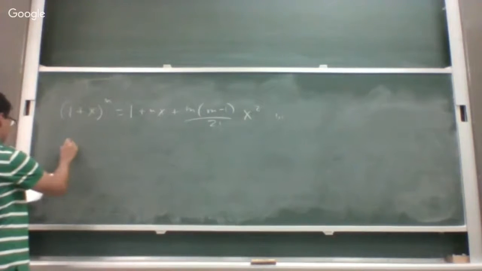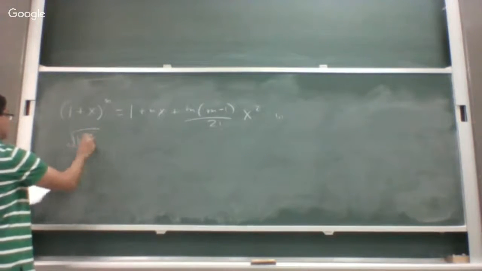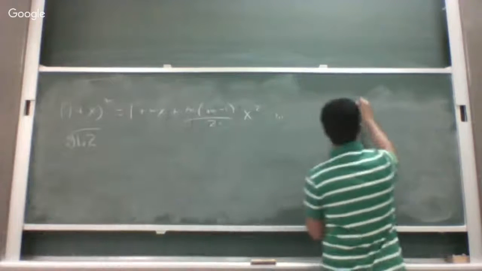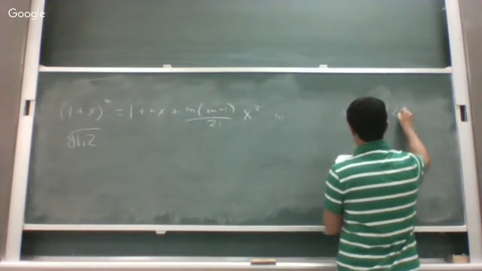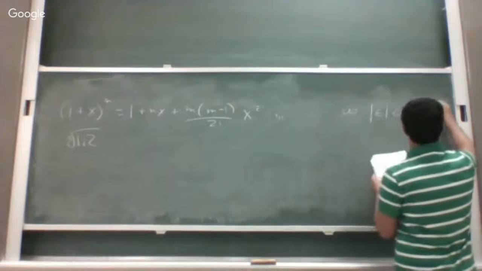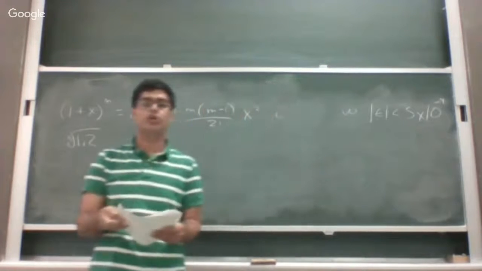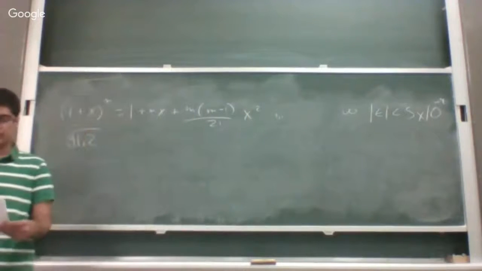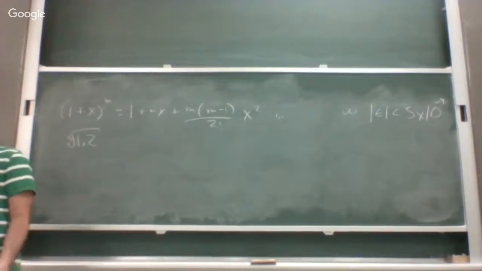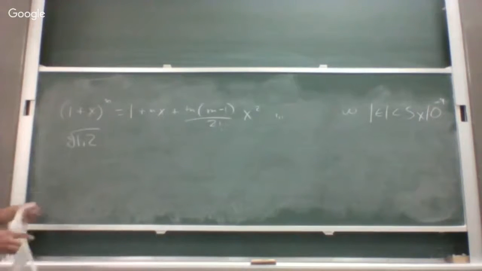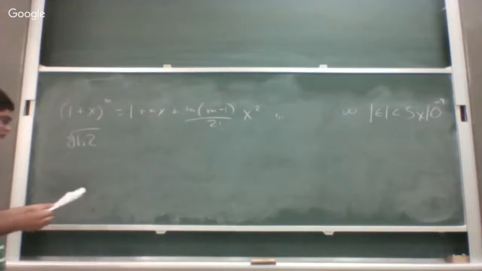So we have to approximate the cube root of 1.2 with error less than 5 times 10 to the negative 4. And it does say using the least number of terms. So that means you can't just go and choose the 5th term and be happy with that. You have to show why you chose however many you did.